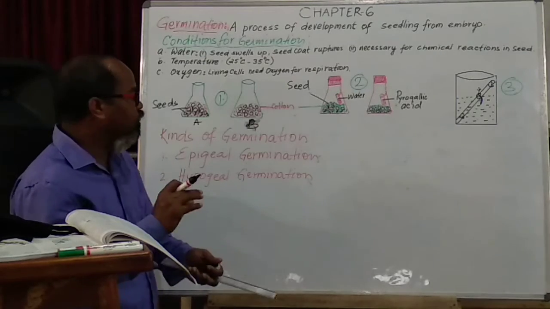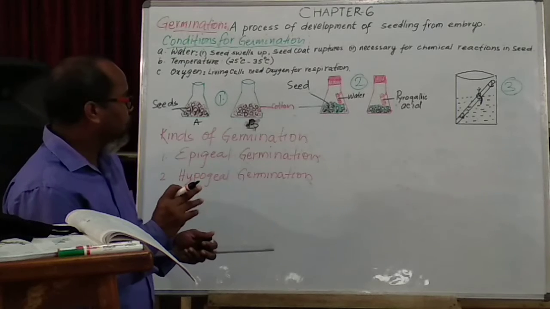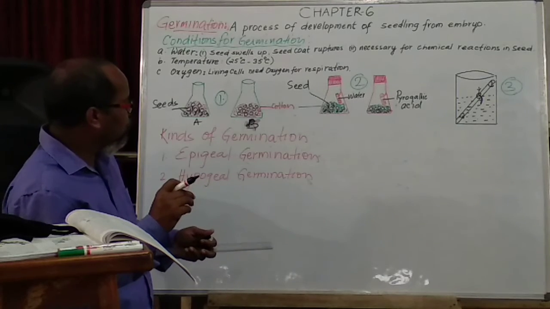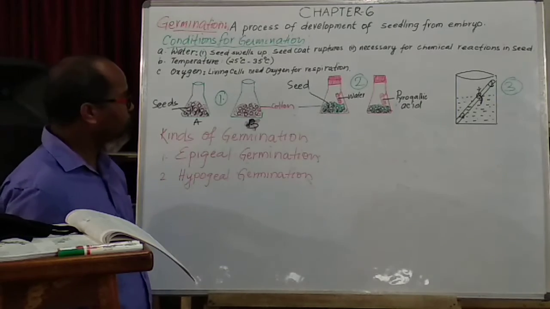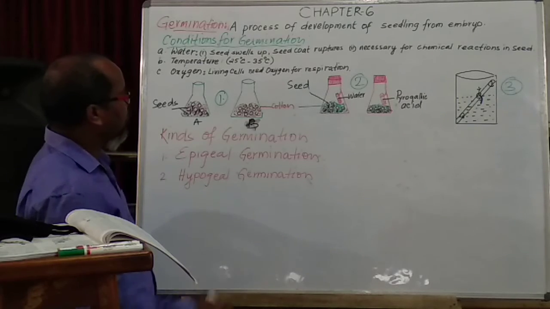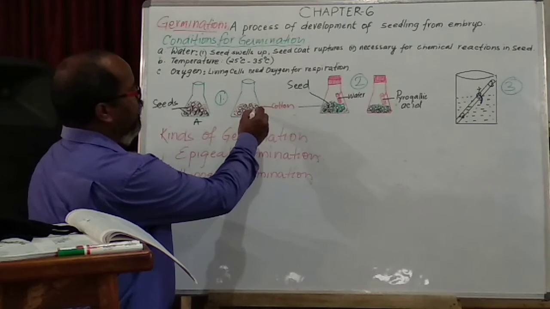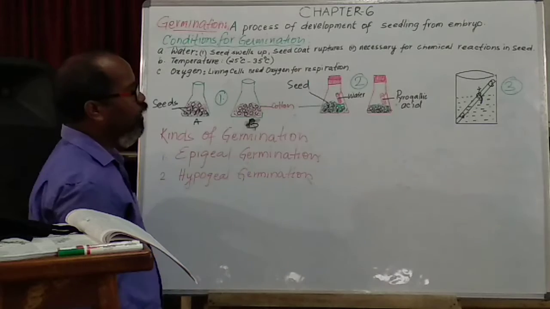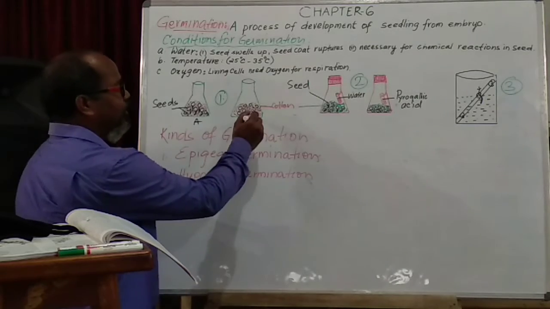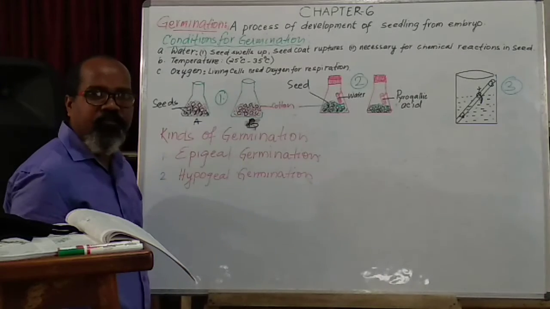These seeds are soaked in water, and in flask B we have a dry environment.